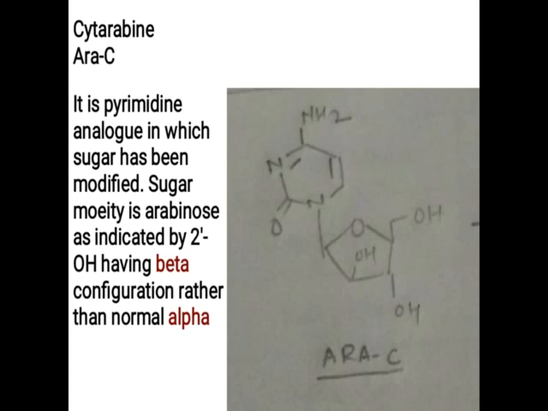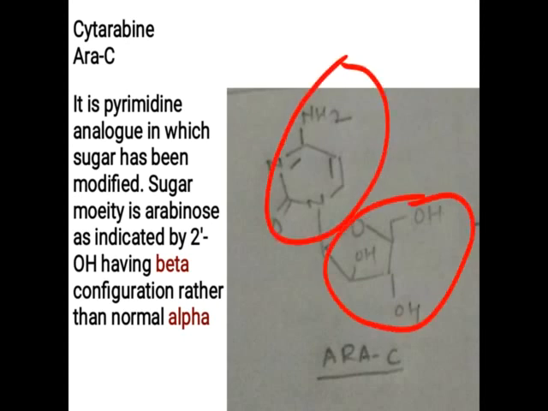Here, this is the cytosine, but this sugar part is called arabinose sugar. Actually, the hydroxy group is present at the bottom side for the ribose sugar, but it is present at the above side.